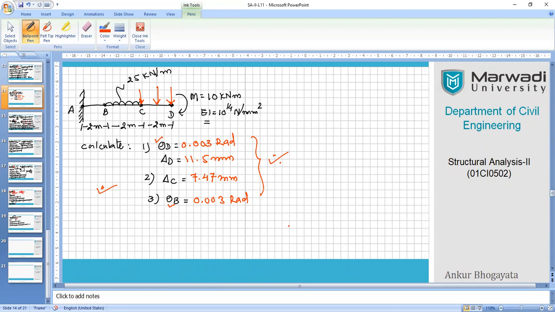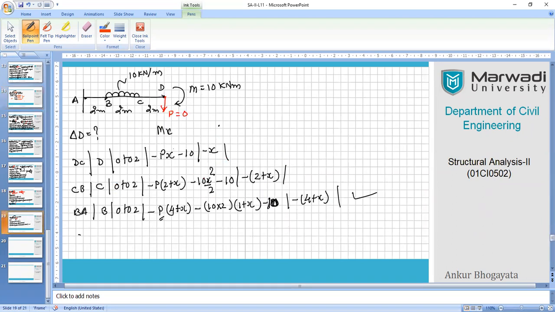On the original diagram, we had a moment of 10 kilonewtons at point D. When I look for deflection at point D, why do we ignore that moment? No, no, we have considered it here now. This is what the moment is. This is all moment only, dear.